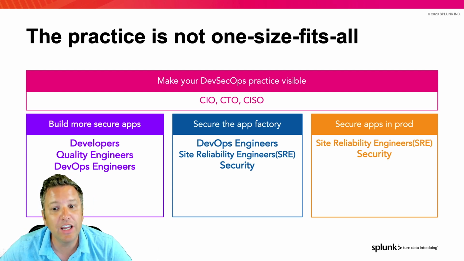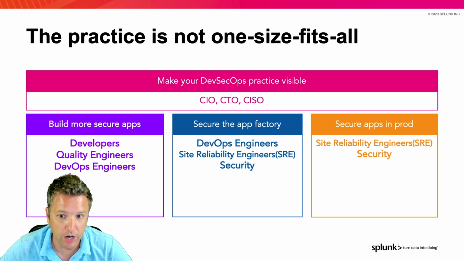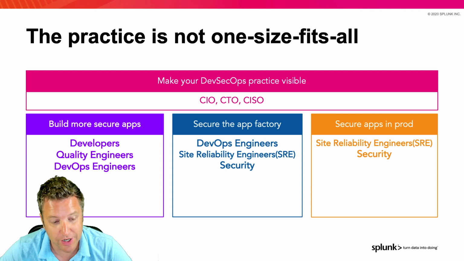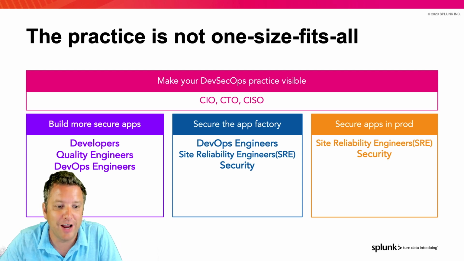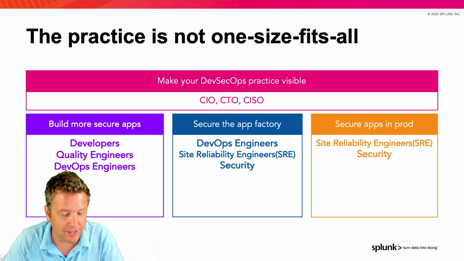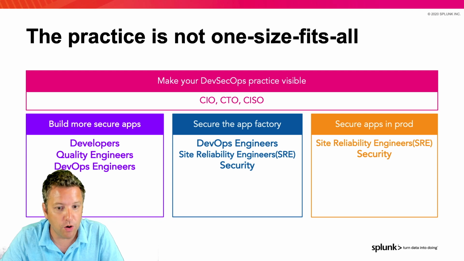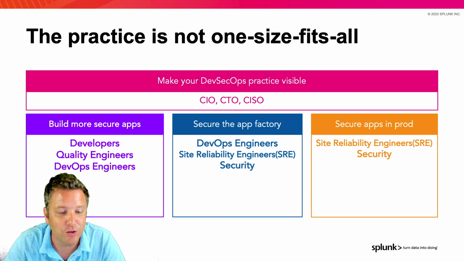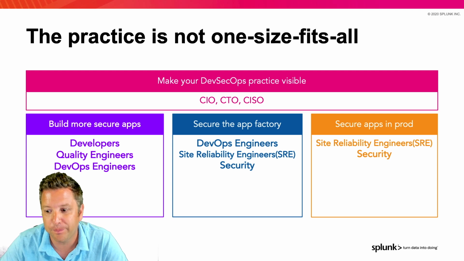And then finally, you have securing applications in production, which are your security professionals and your site reliability engineers. Now, again, I want to reiterate that everybody is leveraging this data, but different personas are going to be more honed in on these various use cases, and that's really important.